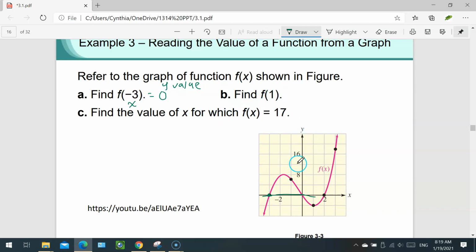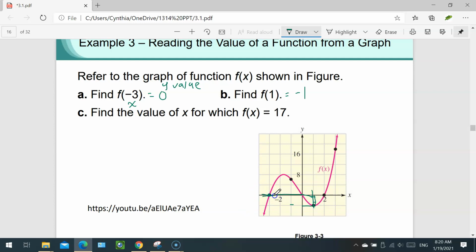Finding x equals 1. So x equals 1 is here. Now you go down to find the y value. This is the y value, right? Because when x equals 1, this is the y value. So the y value is -1. In other words, when the question gives you the x value, you find the point and then go horizontally to hit the y-axis, and that's the way you can find the y value.